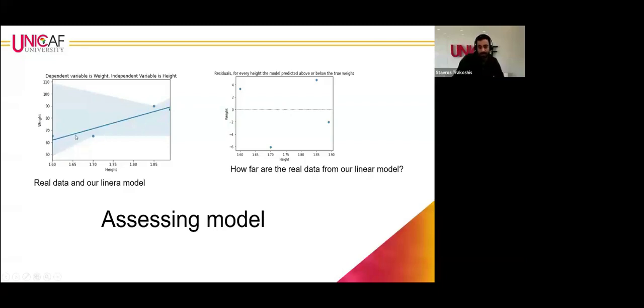But even though it passes through them, each observation is some degrees of measurement away from it. And this is my error. How far away each data point is from the line is the error of the model. The model didn't do so well in some cases, but did well in some other cases.